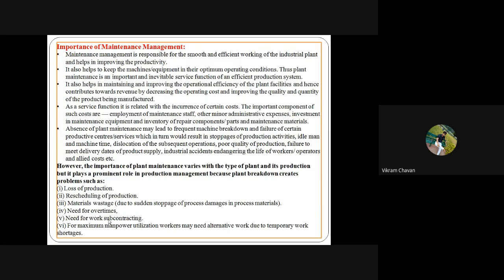Full stop. It also helps to keep the machines, equipment in their optimum operating conditions.